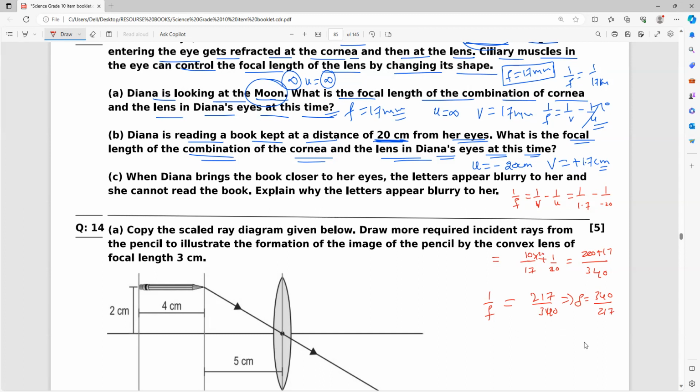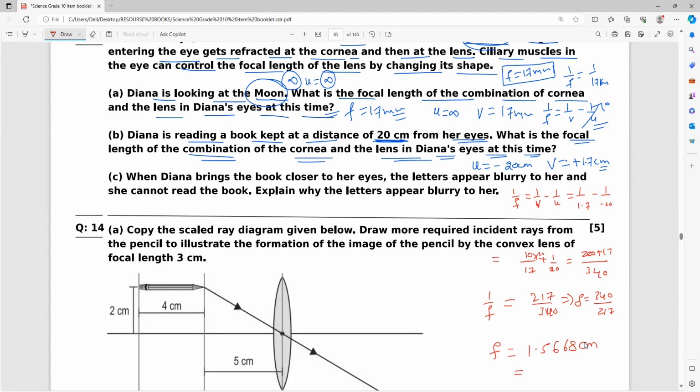It is approximately 1.56. So f is equal to 1.5668 centimeter.